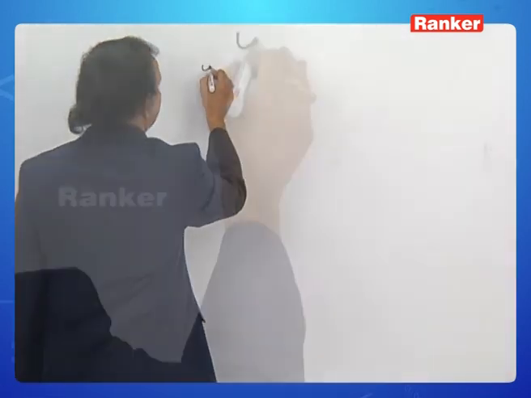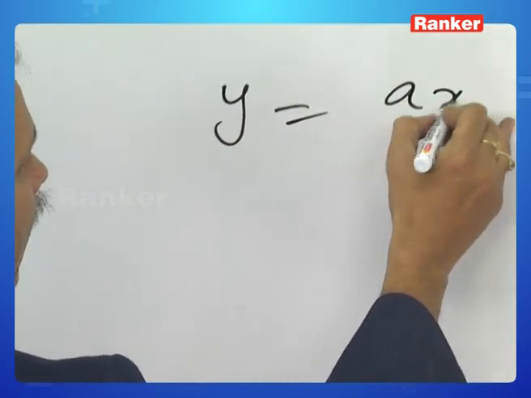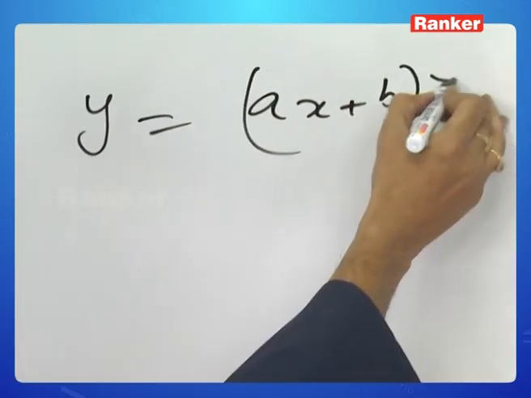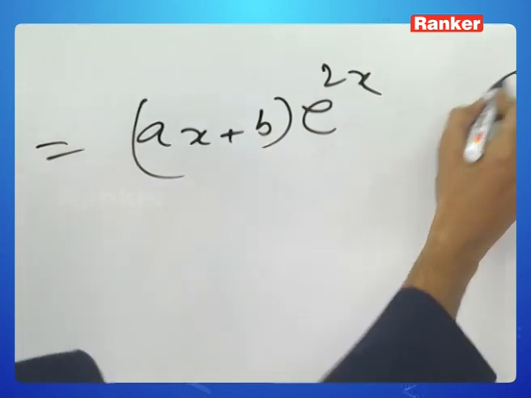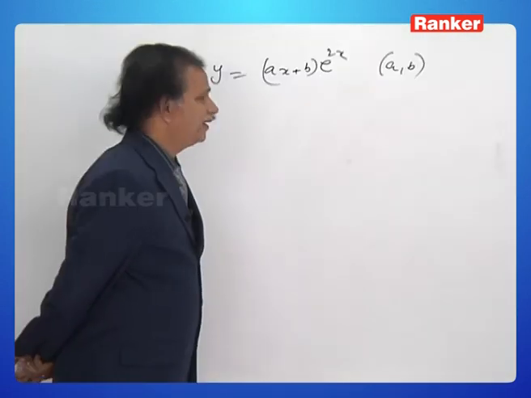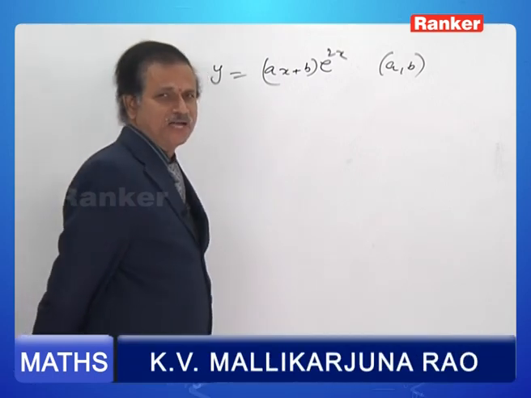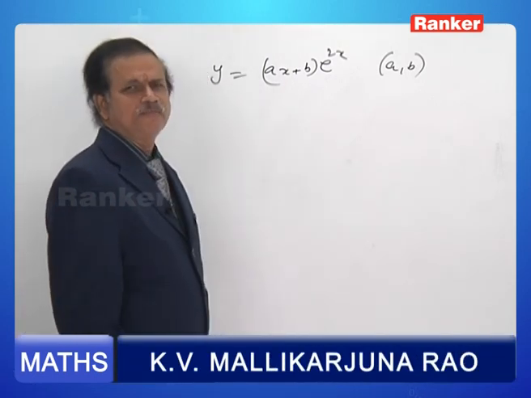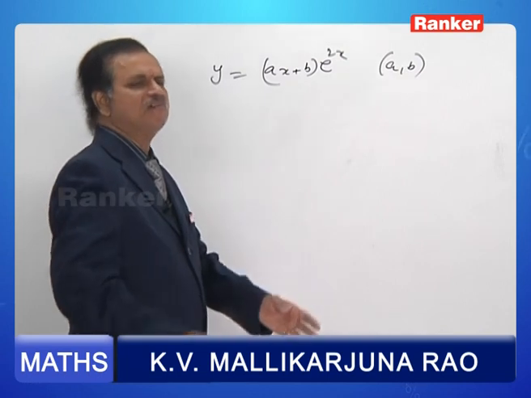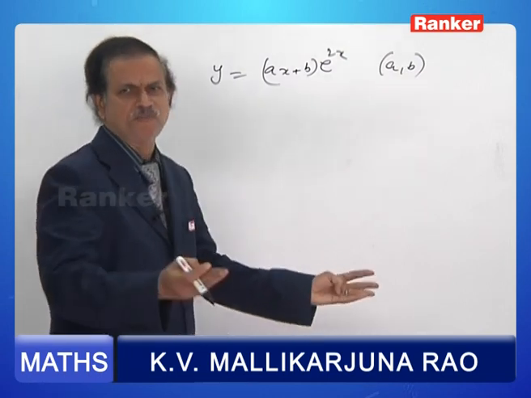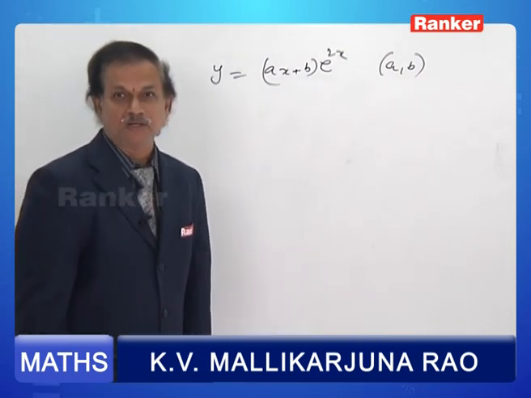Next one. Find the differential equation of the family of curves y is equal to (ax plus b) e^(2x). Eliminate a and b. How many constants are there? 2 constants are there. How many times can you differentiate? 2 times. 2 or 3 steps will be obtained. Substitution, evaluation. Oh, there is a process of minimum 4 to 5 steps.